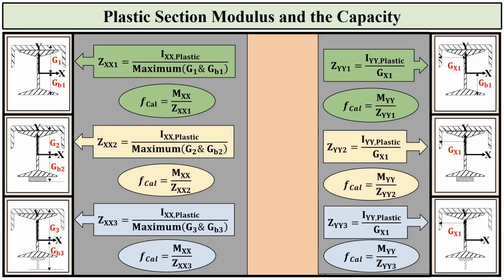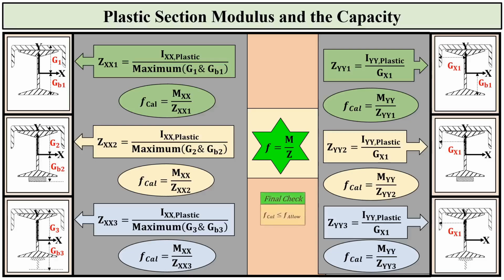This is done by dividing the bending moments Mxx or Myy by the corresponding section modulus we just found. This gives us the precise calculated stress in the beam, caused by both the vertical crane loads and the horizontal surge loads.